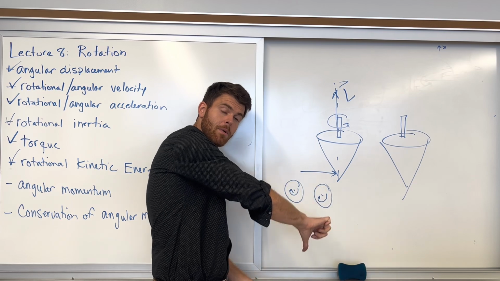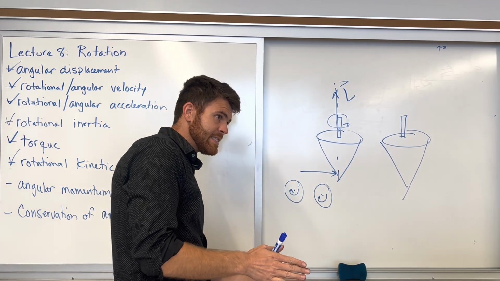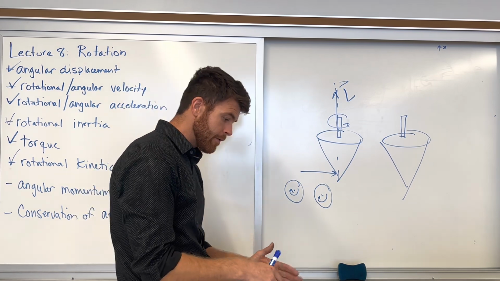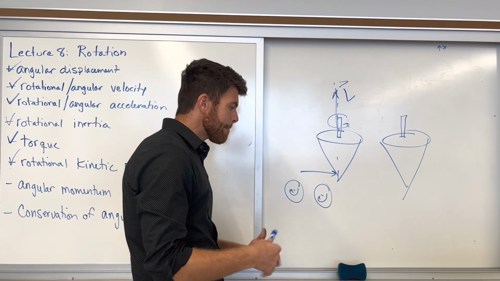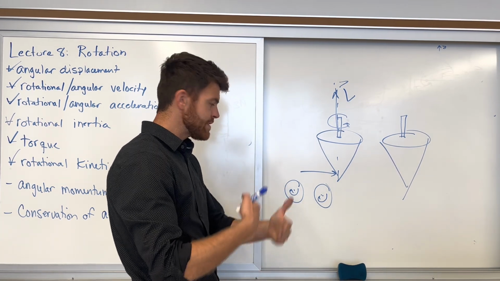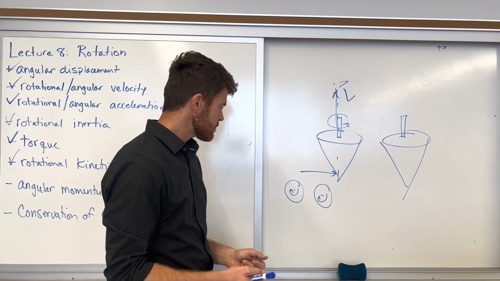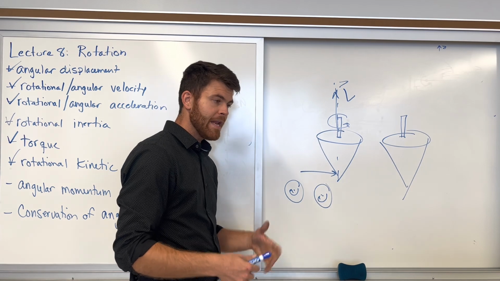And that's a change in angular momentum. And so the wheel actually resists falling over, because that would require net torque. There's no net torque. And that's what allows you to balance on a bicycle as you're riding: the conservation of angular momentum helps keep you upright.